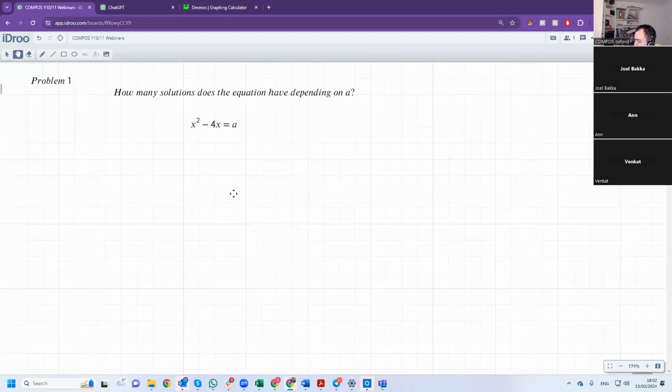Well, you can notice that if we take a to the other side, so method one, let's call it method one, discriminant. You can write the equation x squared minus 4x minus a equals 0, and find the discriminant.